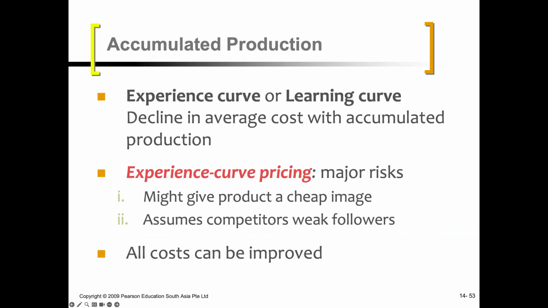Accumulated production, the experience curve, or what we call the learning curve, is the decline in average cost with accumulated production.